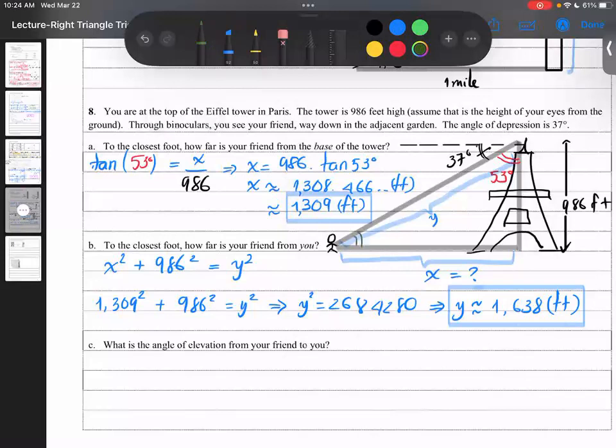So that one, I'll call that theta, equals 90 degrees minus 53, right? 37 degrees.